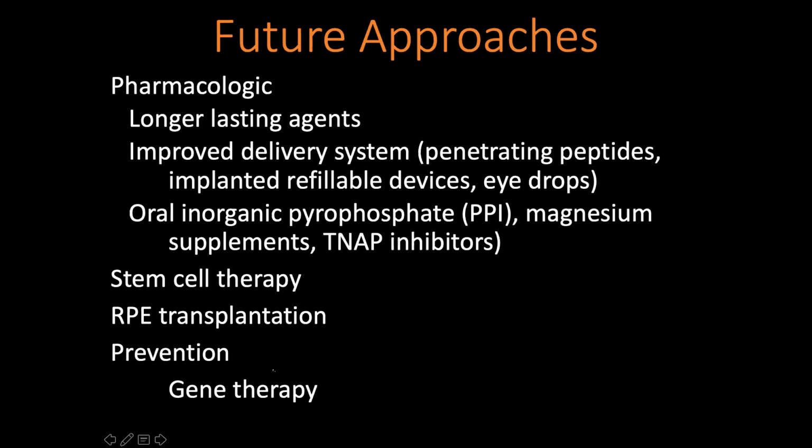And ultimately, we need methods of preventing this disease in the first place. Gene therapy is in the future. We already actually have one gene therapy approved for the eye. Luxturna was approved in December of 2017. It's the first FDA-approved drug for gene therapy, and that's for patients with an inherited retinal dystrophy, which can cause Leber's congenital amaurosis or blindness at a very young age.